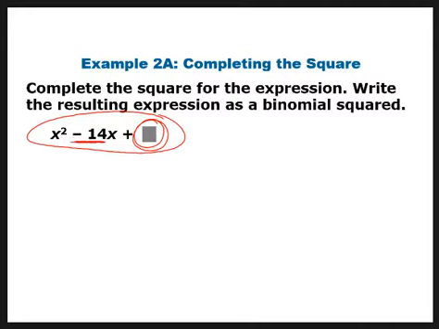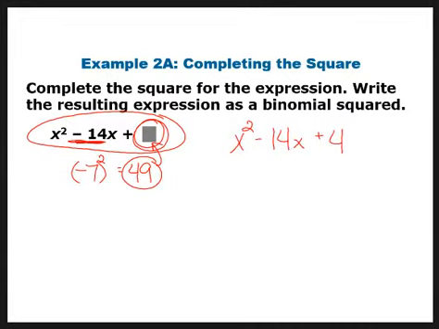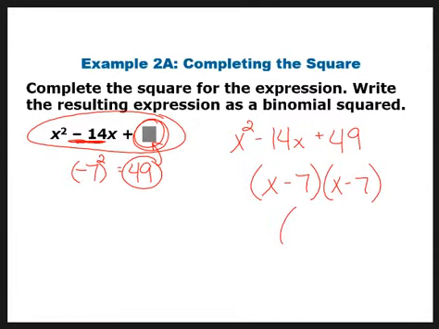So what I want to do is think about what is half of -14, which would be -7, and then I square that number, which is going to give me 49. 49 represents the number that goes in there. So when it's all said and done, x squared minus 14x plus 49 would be something that I could factor, and it's going to give me x minus 7, x minus 7, which I can write as x minus 7 squared.